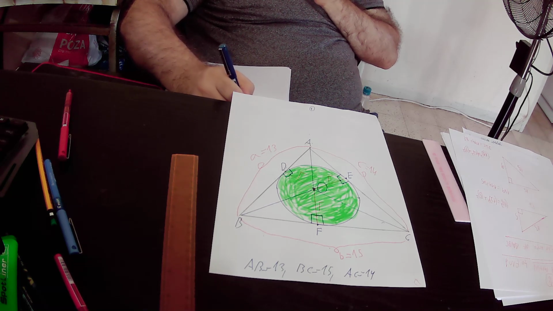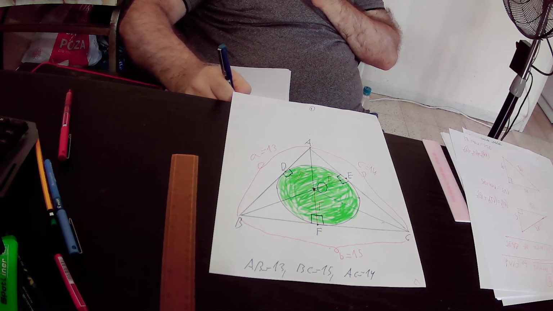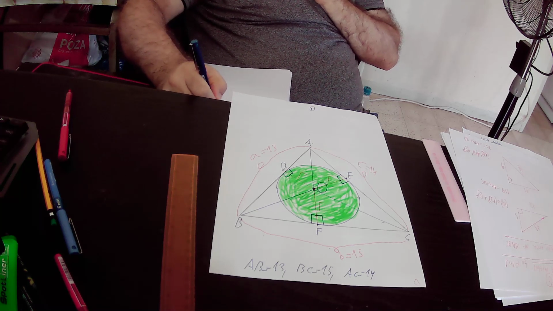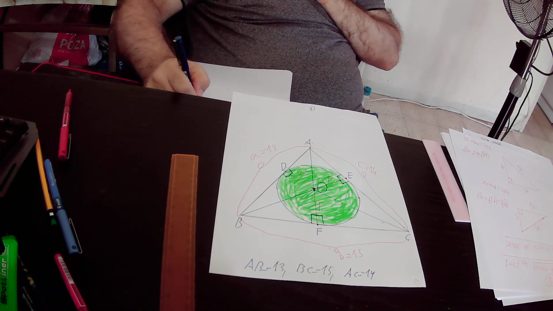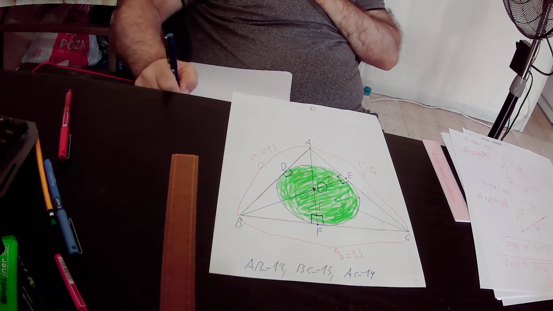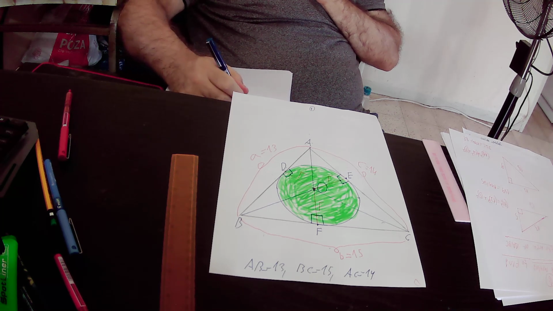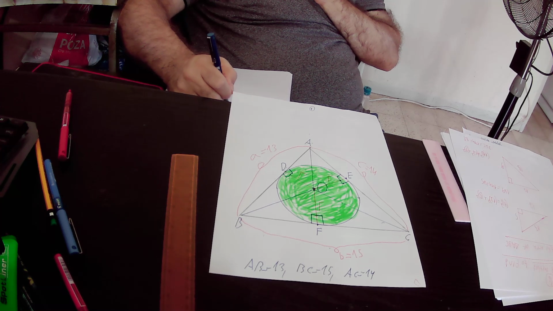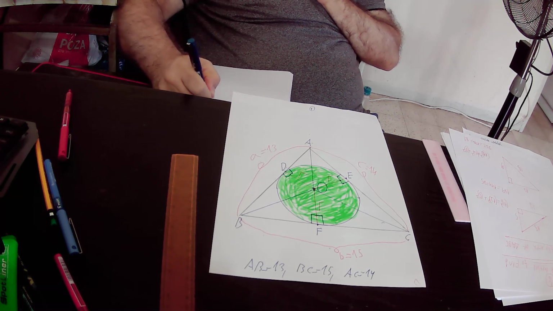The second method to find the radius of the green circle.